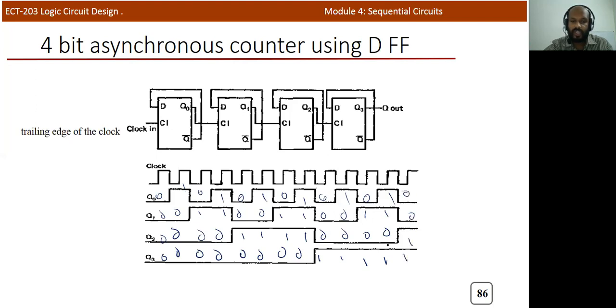In this way it will continue from 0, 0, 0, 0 to 1, 1, 1, 1, just like Q3, Q2, Q1 and Q0.